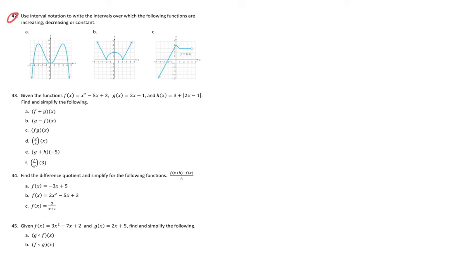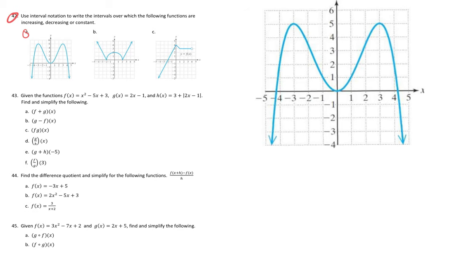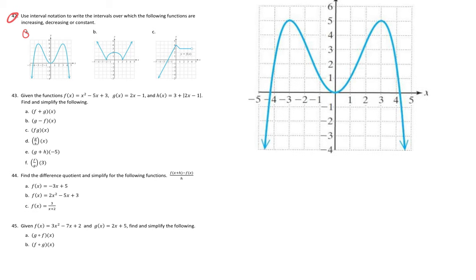42. Use interval notation to write the intervals over which the following functions are increasing, decreasing, or constant. So for A, so for increasing, that's whenever we are going up as we are going to the right.